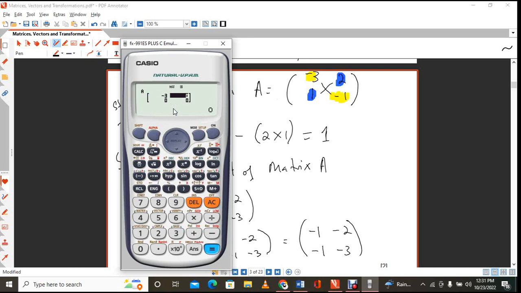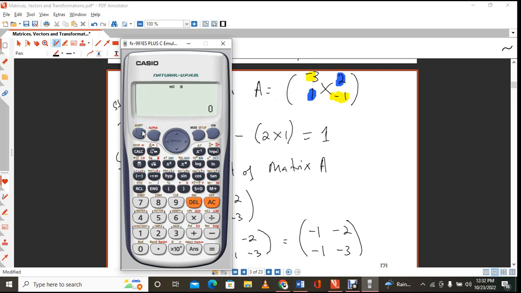You hit enter, then it's 2, enter, then it's 1, enter, and then it's -1, enter. So let's go back to see what we have done. So it's -3, it's 2, it's 1, and this one should be -1, enter. All right, so this is my matrix A. I can actually clear it because it's there.